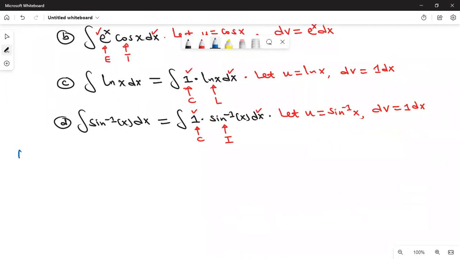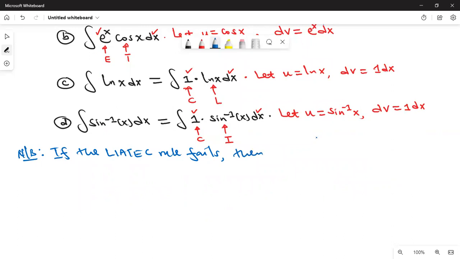I can write a note that if the LIATE rule fails, that is, if you cannot use it, then what are you supposed to do?